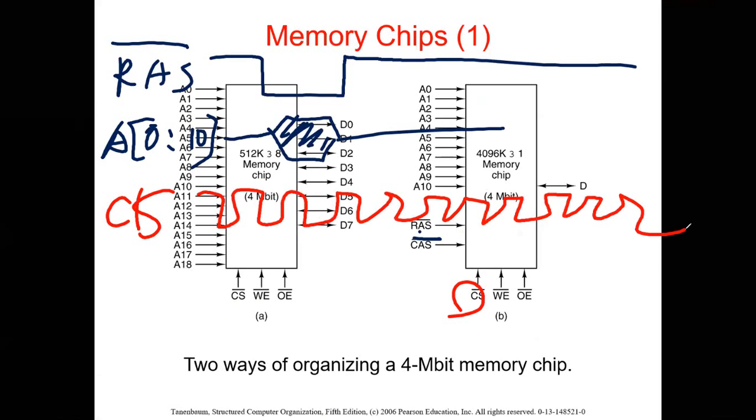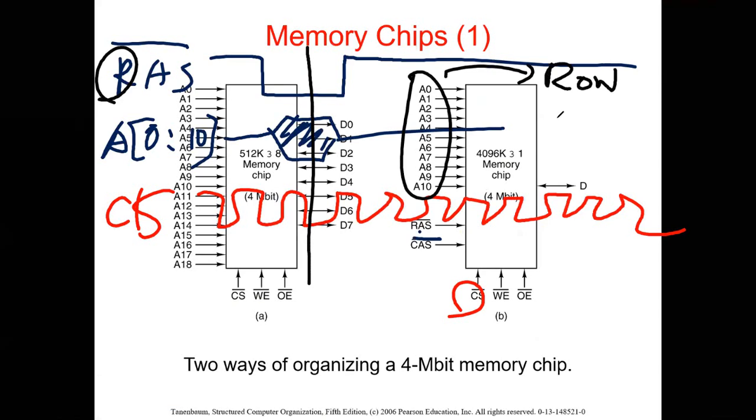So what happens is, right here, when there's a low enable edge, my 11-bit row address is strobed into the row address.